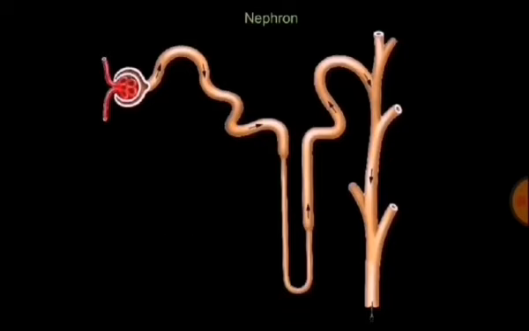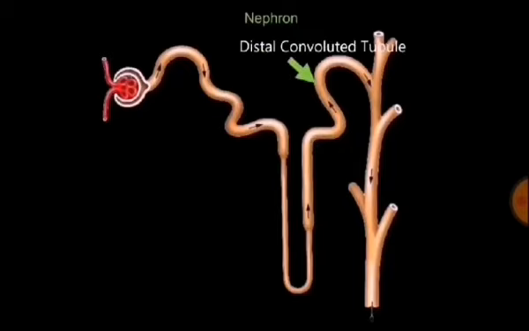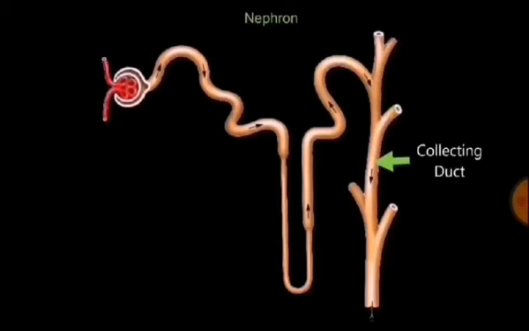Then it moves upward and forms the ascending limb, which opens into another highly convoluted structure known as distal convoluted tubule. Many distal convoluted tubules open into a collecting duct.